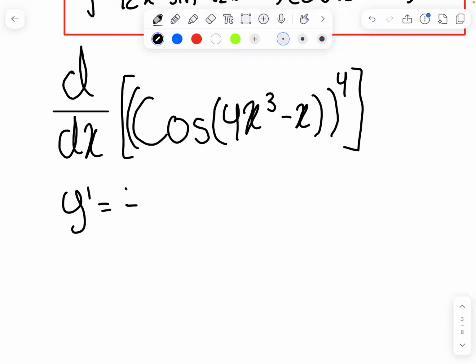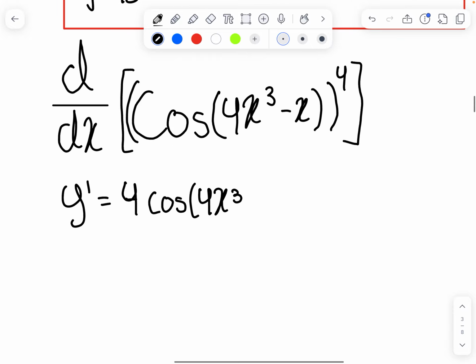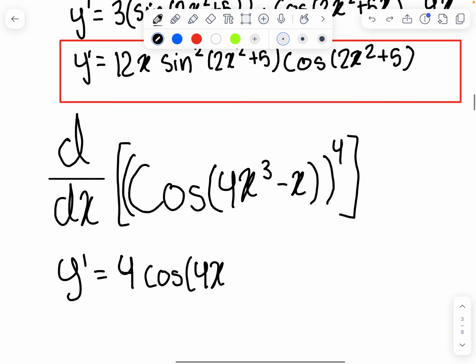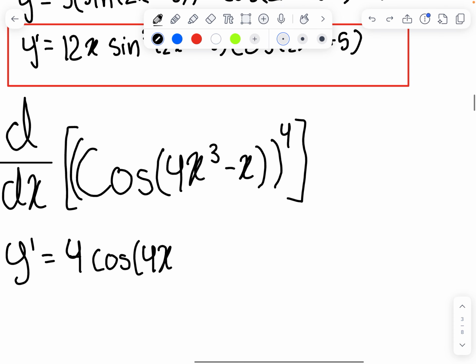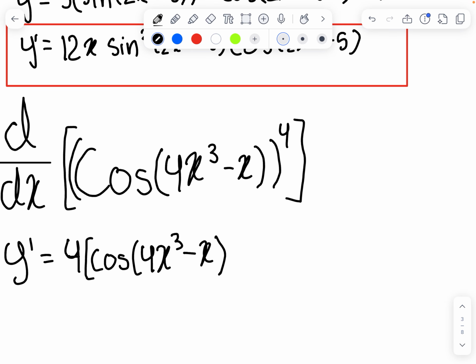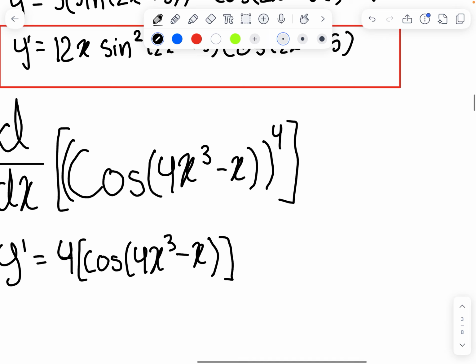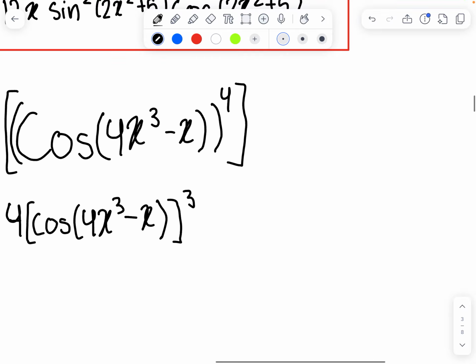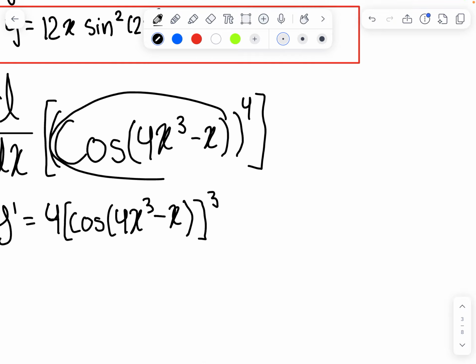So if we apply the power rule, we get 4 times cos of 4x cubed minus x, and this is to the power of n minus 1, so 4 minus 1 is 3. And now we multiply it by the derivative of this.